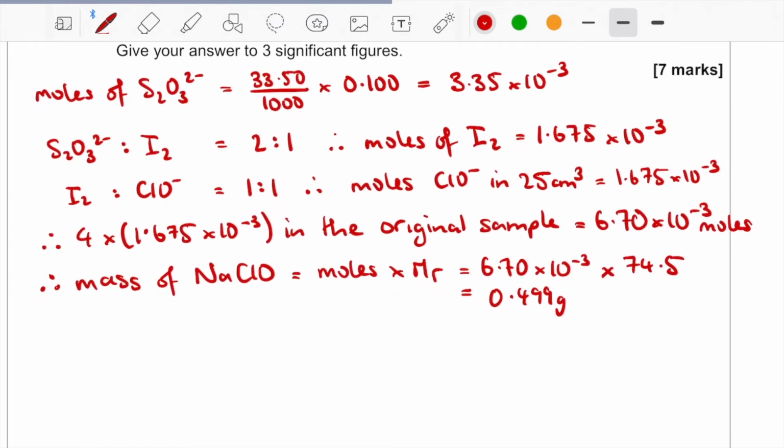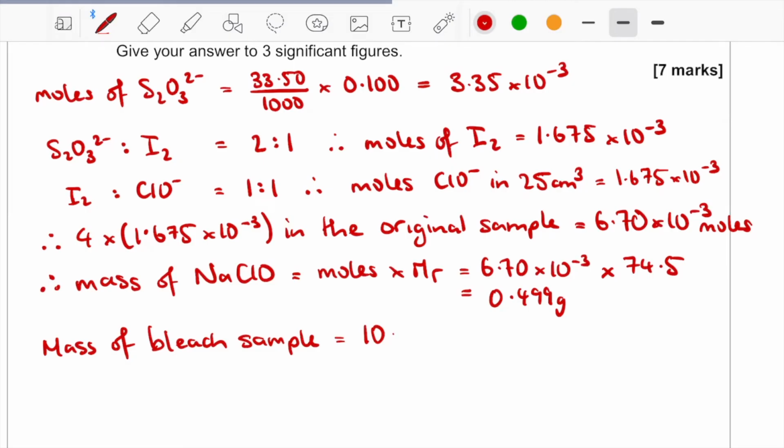I do have to move this up now. This is where we would need to use the density. So the mass of the original bleach sample, because they gave it to us as a volume, so that was the volume in centimeters cubed times the density, 1.20, in grams per centimeter cubed.